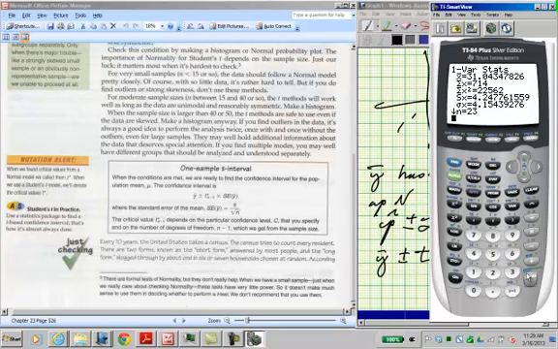All right, so y bar is 31.04. Let's just call it 31. And we're going to use s sub x, and let's call it 4.25.